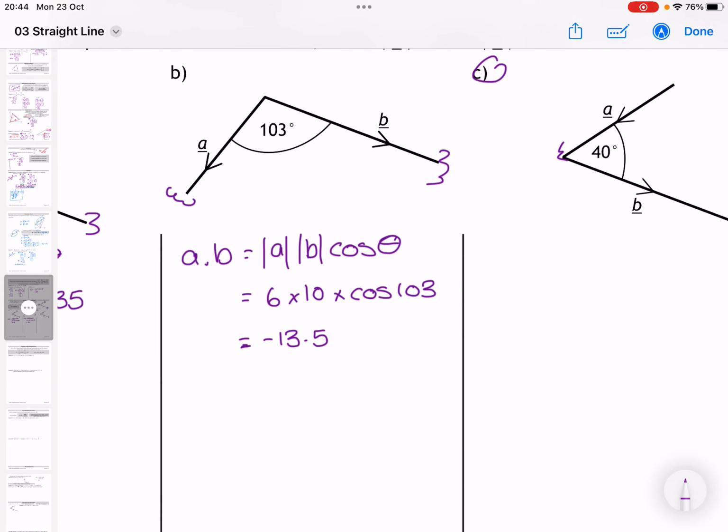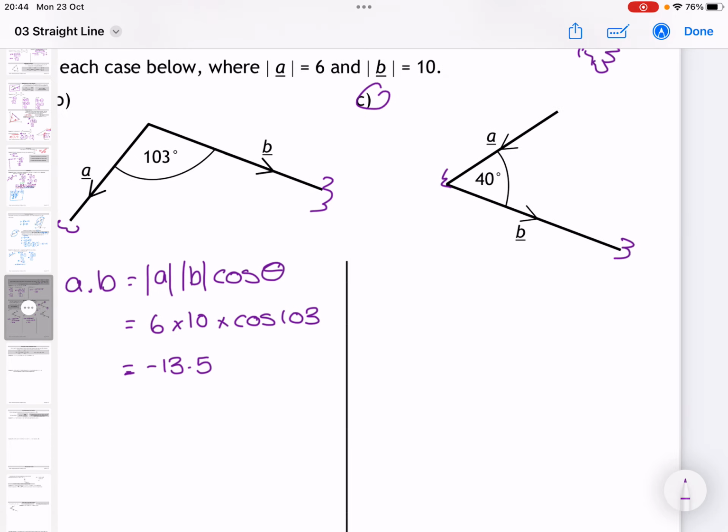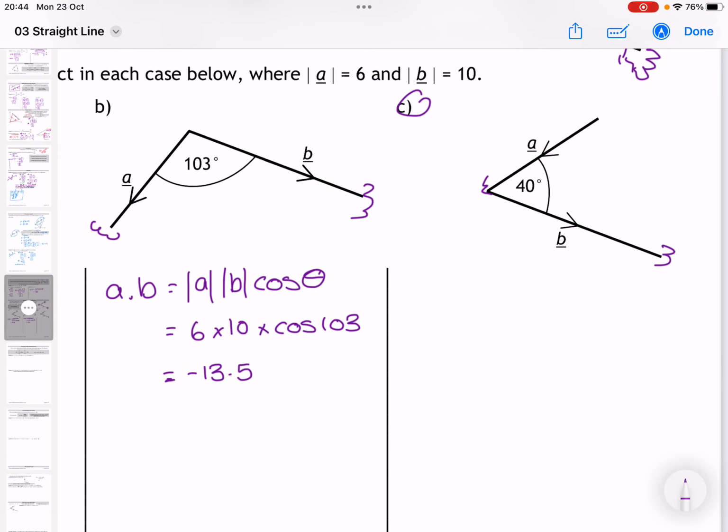Okay? Now, some people spot this straight away, some people are like, what? But vectors are movable. As long as I don't change the arrow and I don't change its length, it's still the same vector.